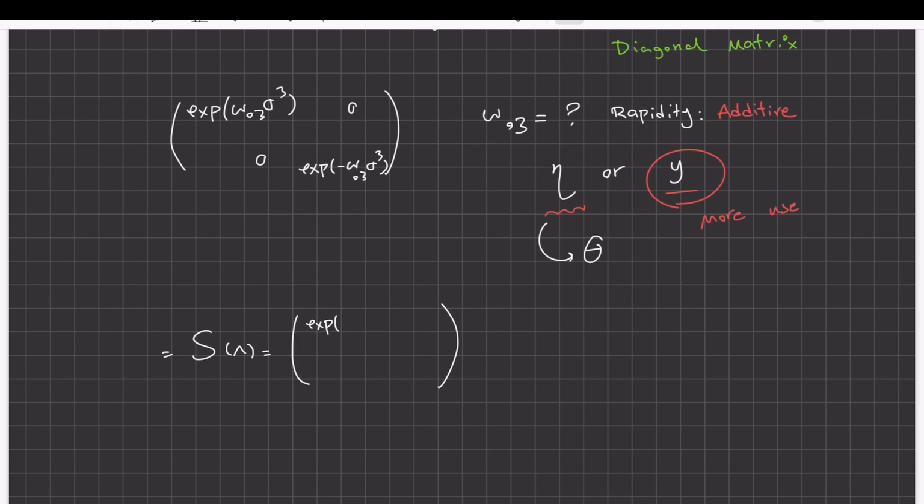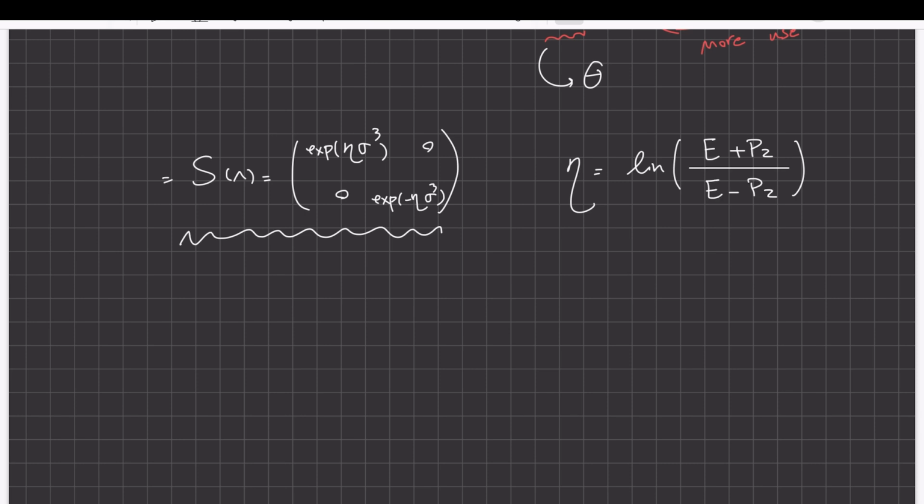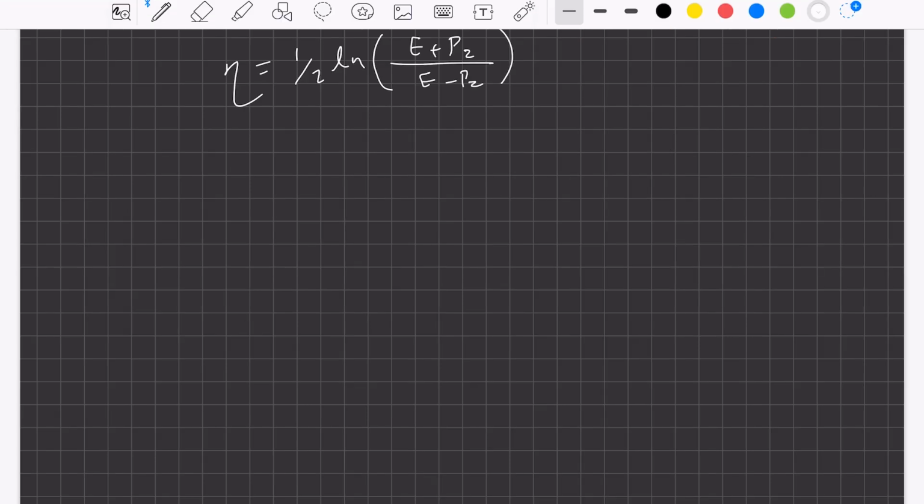So anyway, S of lambda is equal to exponential of eta times those sigma 3. And then again, because those sigma 3 are diagonal matrices, we can only take out the exponential term for the rapidity. So by the way, the definition of rapidity is E plus pz, E minus pz. This is something that you can really prove easily.